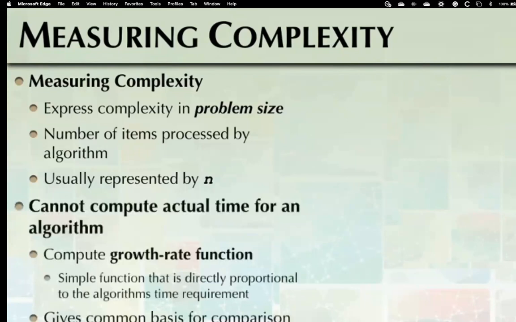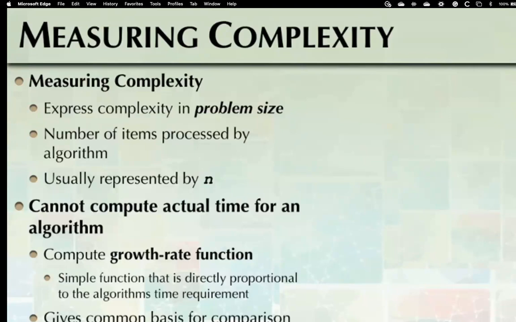We cannot compute the actual time requirement of an algorithm. After all, we haven't implemented the algorithm in Java, nor chosen a computer to run it on. Instead, we find a function of problem size that behaves like the algorithm's actual time requirement. Therefore, as the time requirement increases by some factor, the value of the function increases by the same factor and vice versa.